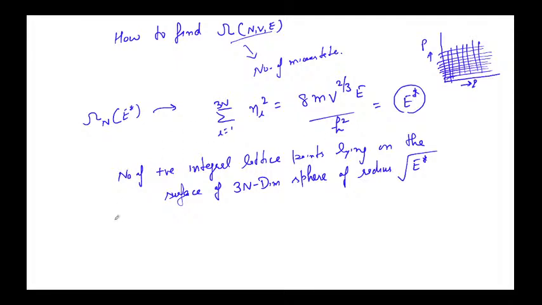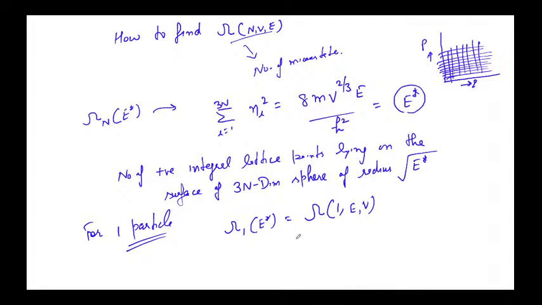So for one particle present in this 3n dimensional sphere, its microstate we can write as omega 1 of E, V. This is the number of positive integral lattice points.